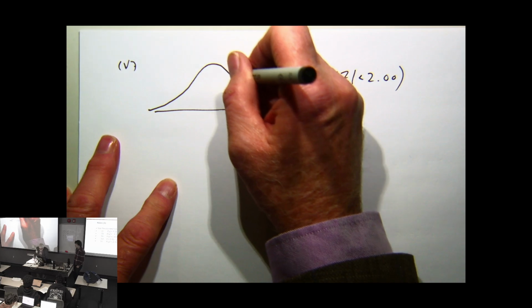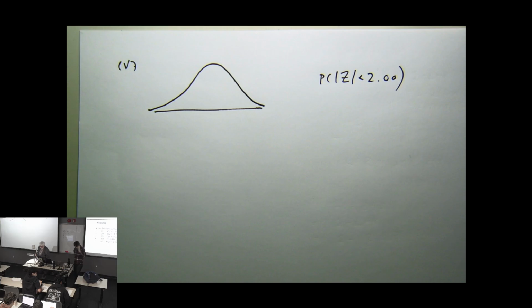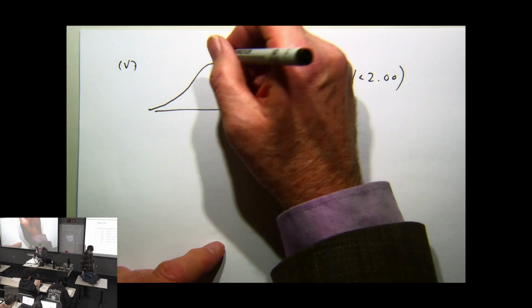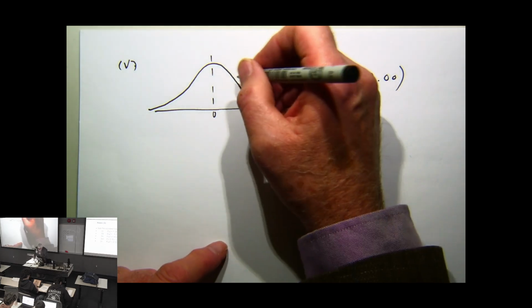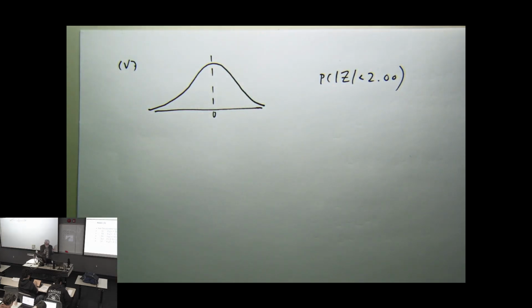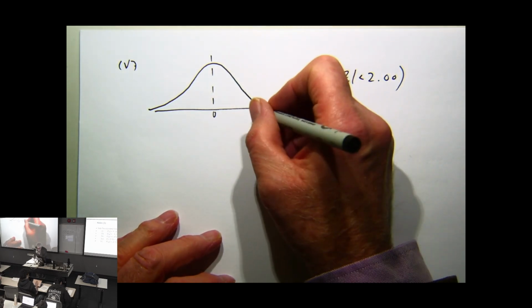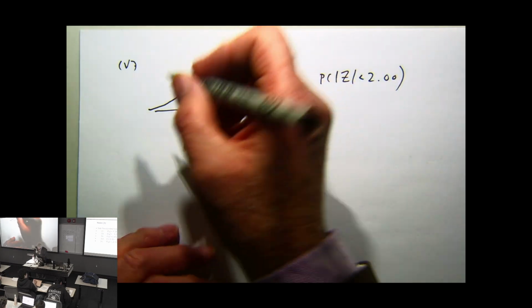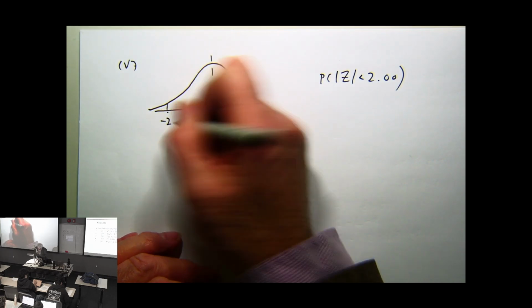I'm not too bad at drawing bell-shaped curves. These are standard normal distributions, so the mean is 0. Remember again that the points of inflection are at plus and minus 1 standard deviation from the mean. And so 2 is going to be up here, a small number. Similarly, with the absolute value, there's also a negative 2.